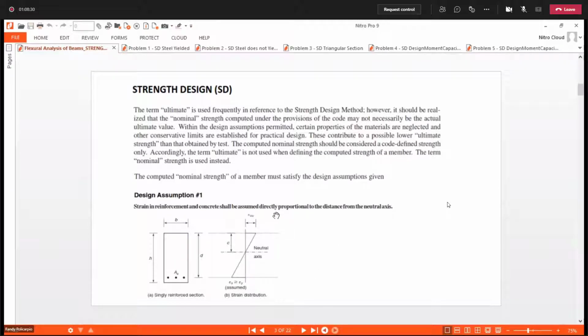Using this, we are able to establish what we call the strain compatibility equation of our concrete and our steel.